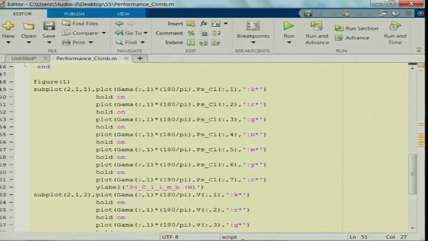Okay. So, let us first save this. What are we doing now? Wing planform geometry.